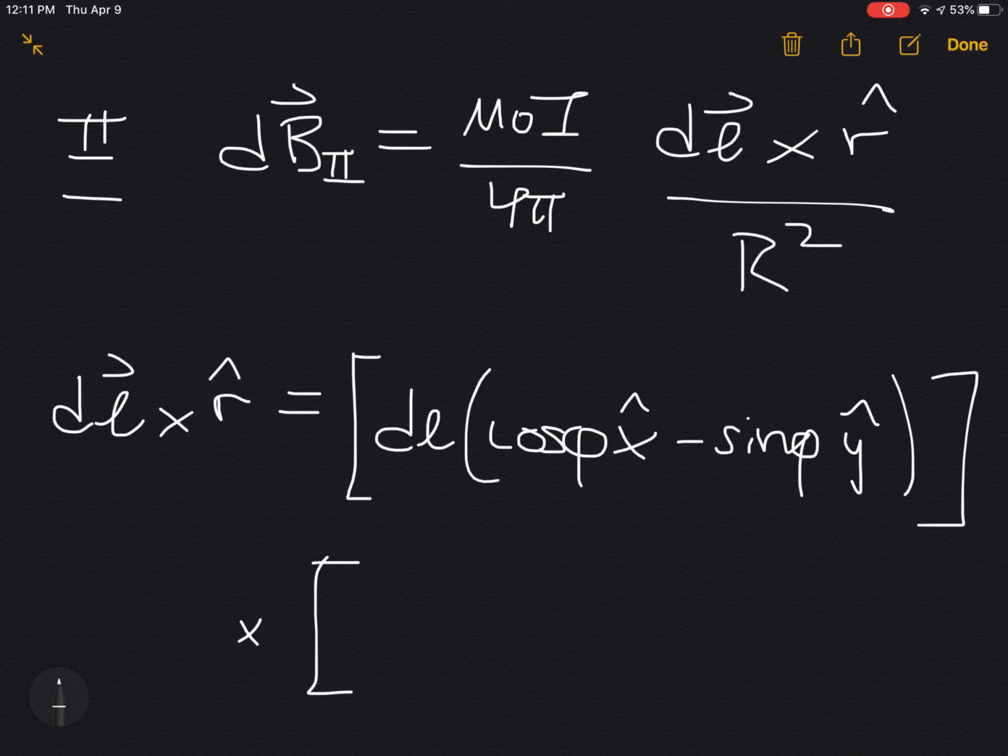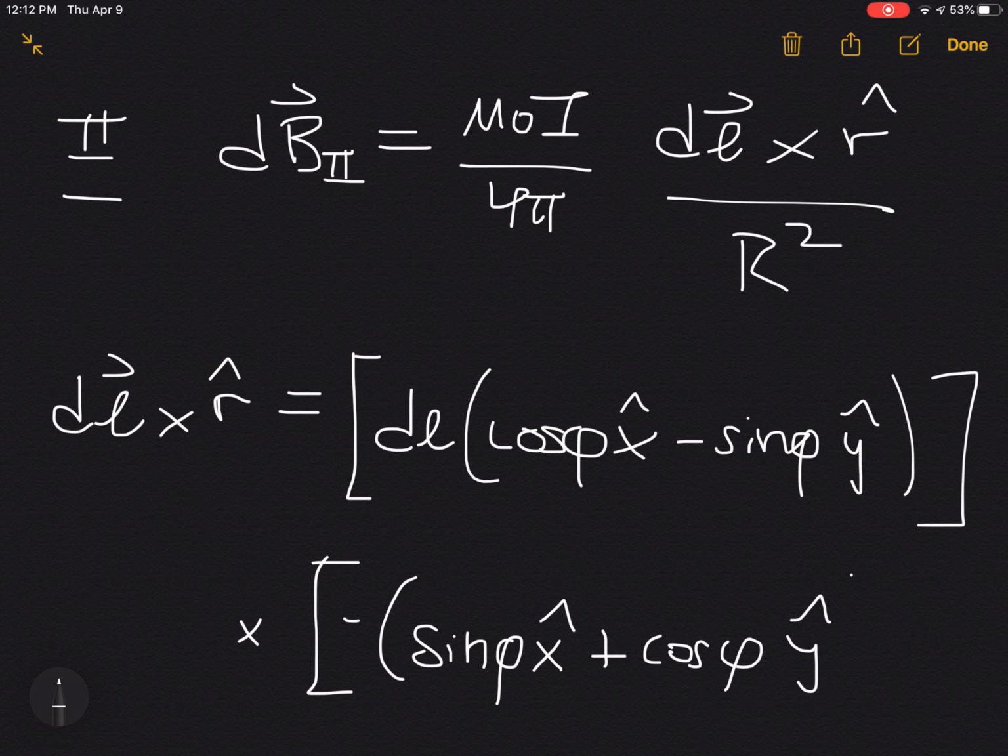I think that Jesse's solutions on Blackboard are very good and they're very concise and they give you a lot of physical intuition, but sometimes students just want to see how I could have gotten there in a systematic process. And so this is just what I'm trying to afford you guys. Just sort of color in and flesh out what's going on there. And then when I do the r hat, I have a minus sine phi in the x hat direction plus cosine phi in the y hat direction.